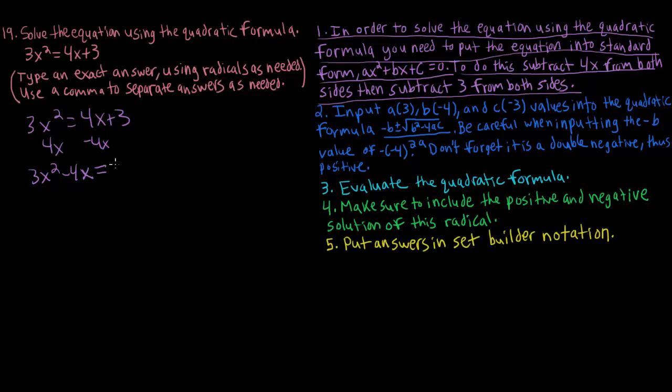Now we subtract 3 from both sides, and you end up with 3x squared minus 4x minus 3 equals 0. Now our equation is in standard form, ax squared plus bx plus c equals 0.